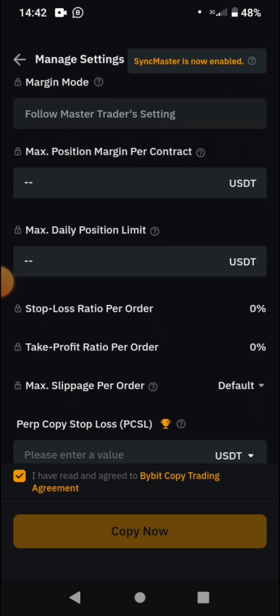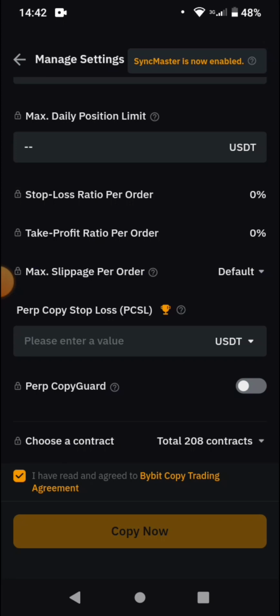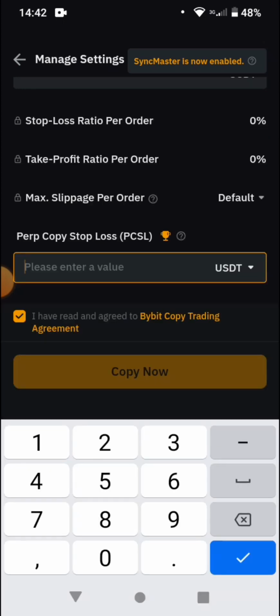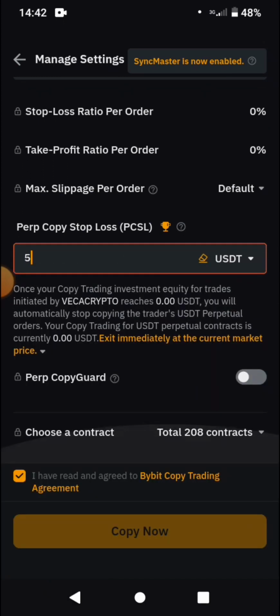Then this is your stop loss ratio, your take profit. This is a copy stop loss. How much are you ready to lose per trade? Let's say you are using 10 USDT, $10. Out of the $10, let's say you are ready to only lose $5. After the $5, you say you want to get out of the trade and you wait until the trader enters another trade again. Then you just type in copy.